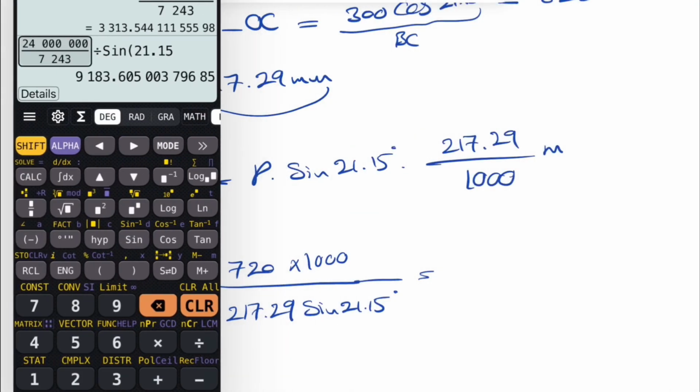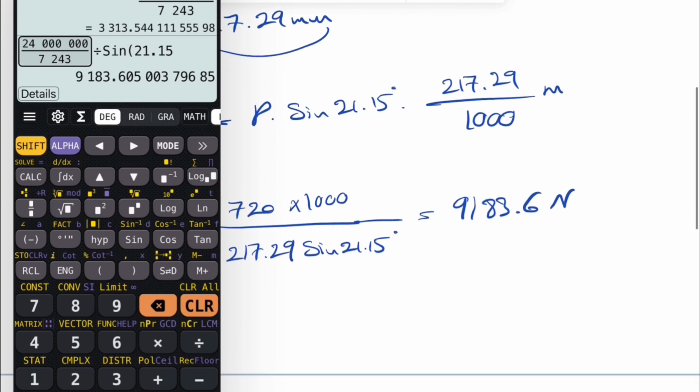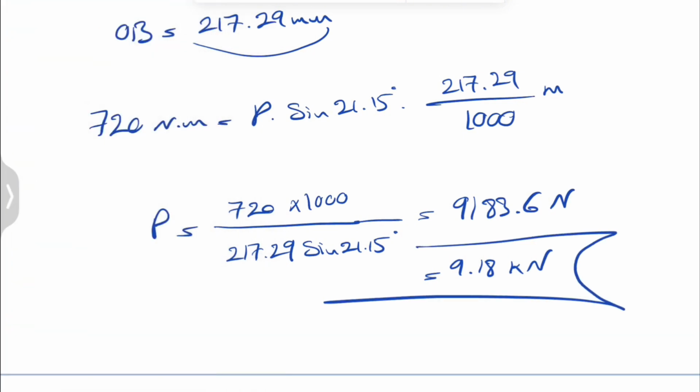So our force P would be 9,183.6 Newton, or if we want to report it in kilonewton, we're going to get 9.18 kilonewton, and this is going to be the final answer for this question.